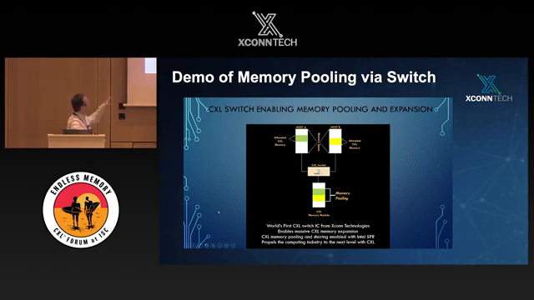On the left side is one of the Intel Sapphire Rapids server processors, and on the right side is another one. You can see the cables connecting to our switchboard. And on the switchboard, we have one single memory module plugged into the CEM slot. So this is the setup we use in our lab to show this demonstration.